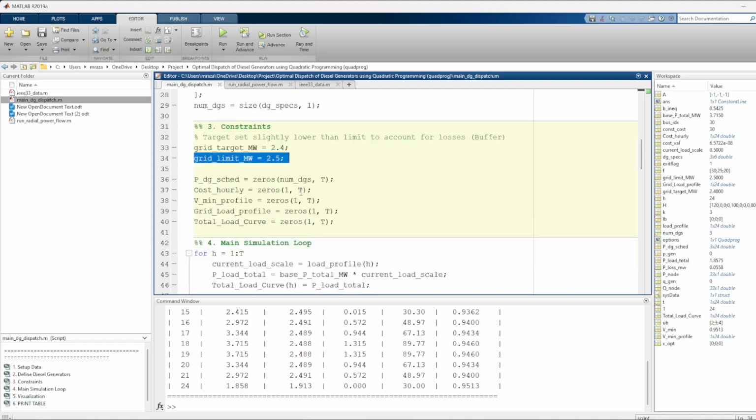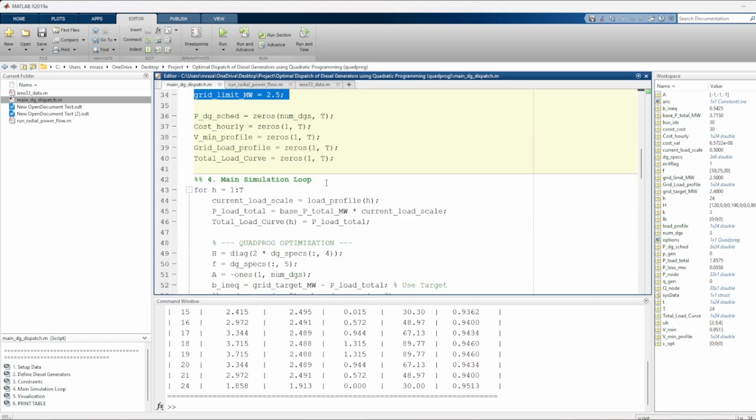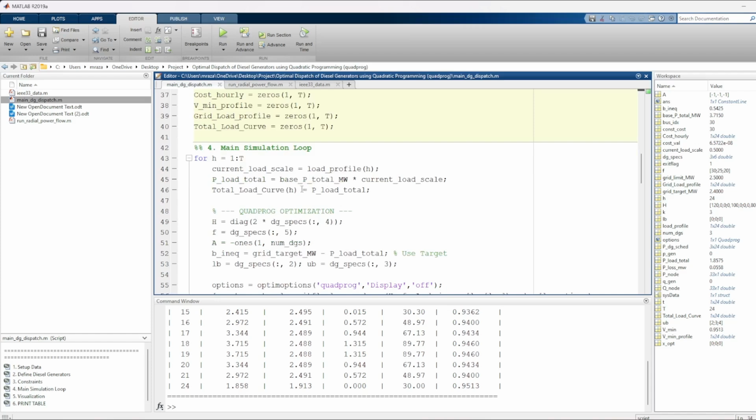And next, here we have not used any kind of optimization algorithm. We have utilized quadprog, which is a built-in MATLAB function, which acts as an optimization algorithm or a solver, which solves our problem by considering all that stuff.